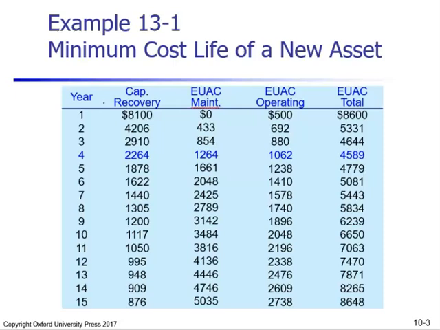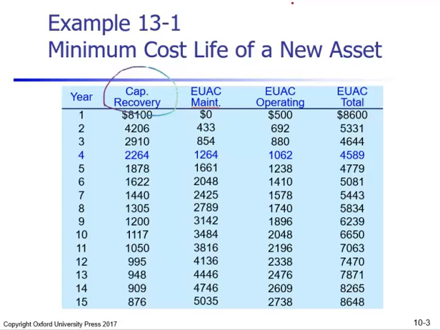Now you see the main point of knowing the exact term, because when you say here it says capital recovery, you quickly get what it means. Year 1, 8,100. Year 2, 4,206. And capital recovery, as I told you, if it goes to 15 years, it becomes cheaper and cheaper.